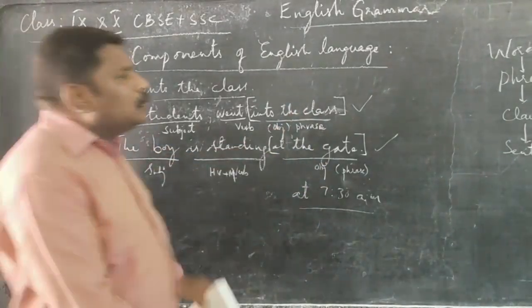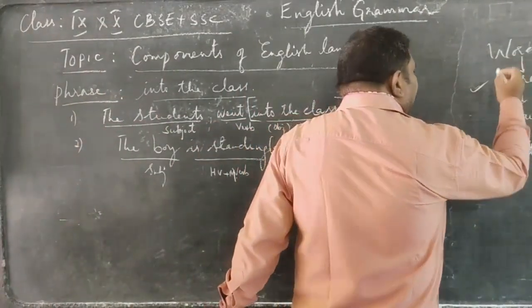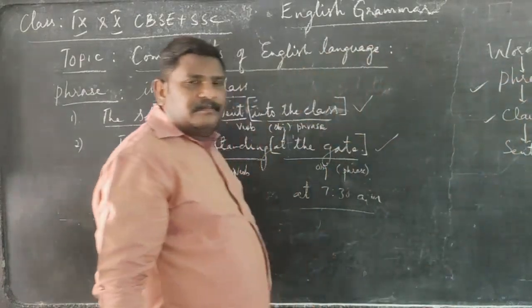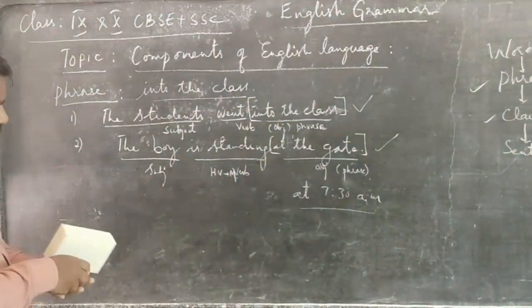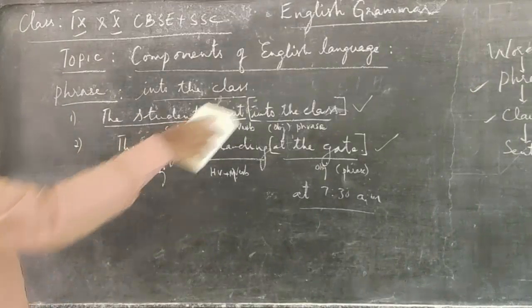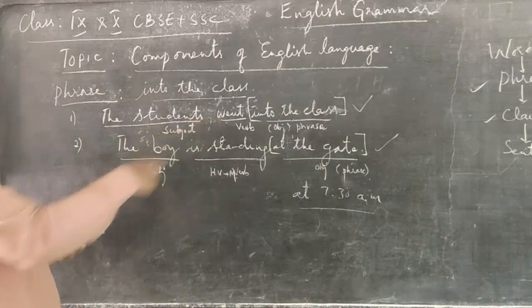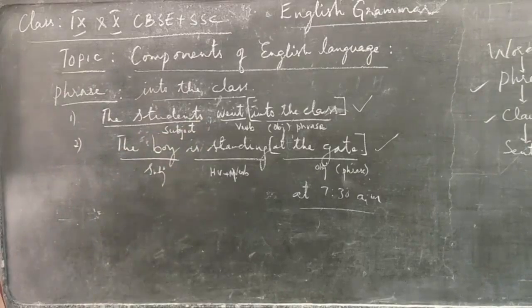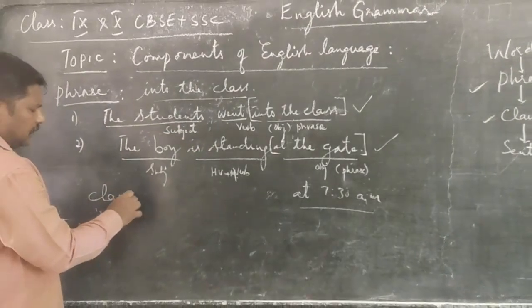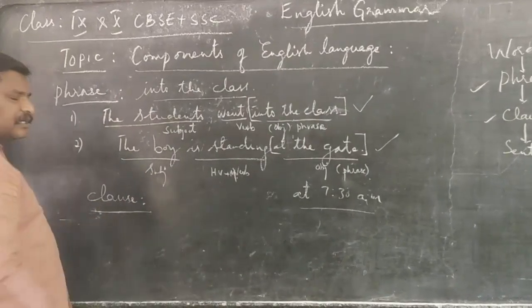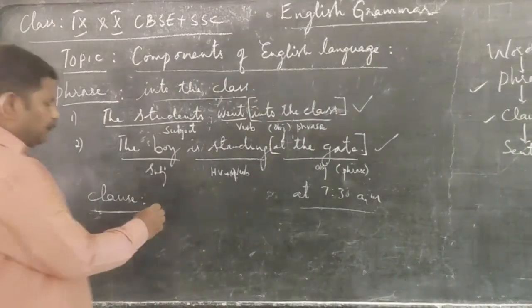Now, this set of phrases only will form a clause. Now, what is a clause? If you observe the same examples over here, let me write the feature and the definition of a clause.